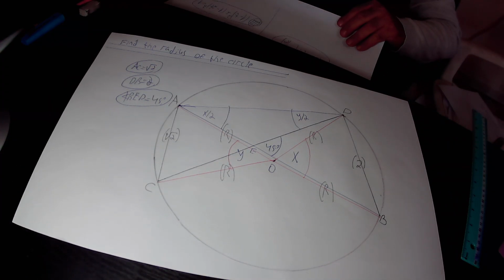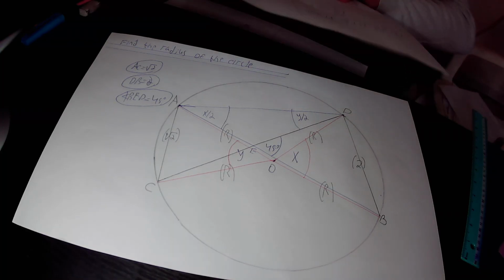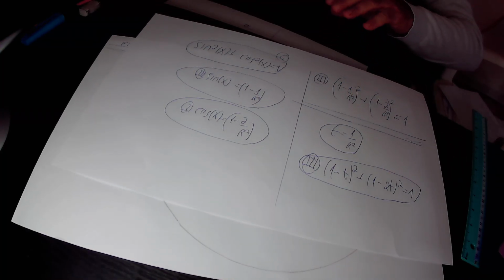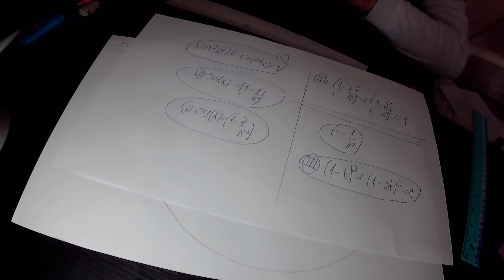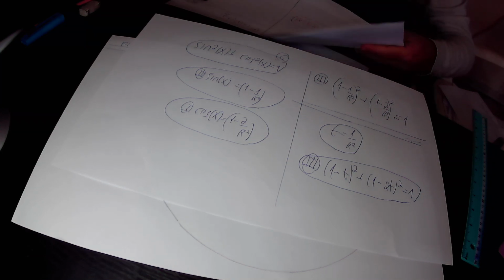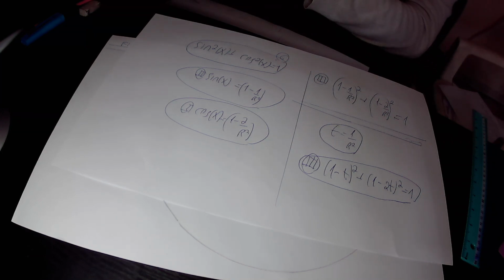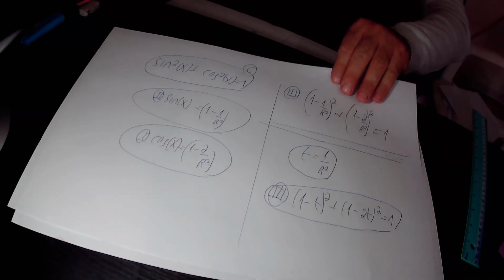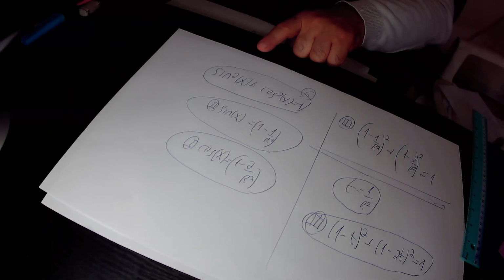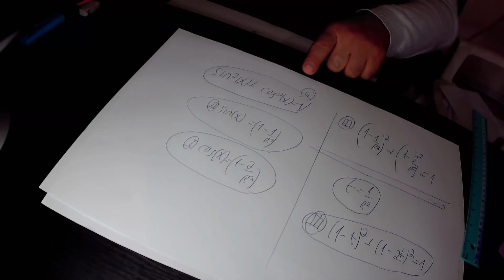In the next step, use the trigonometric identity that states that sin²x plus cos²x equals 1.